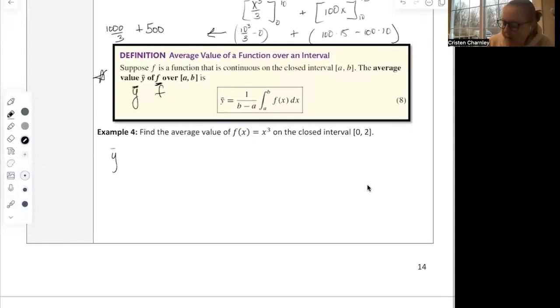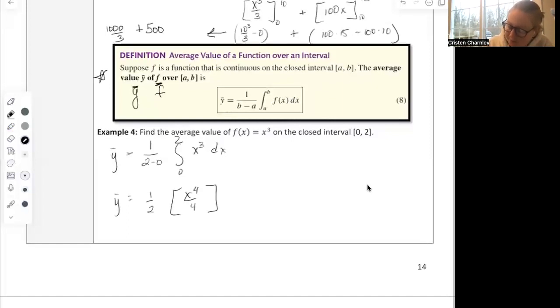So y bar is 1 over 2 minus 0, the integral from 0 to 2 of x cubed dx. So this is 1 over 2, antiderivative is x to the 4th over 4, between 0 and 2. And again, just keep going with your fundamental theorem of calculus. You're a pro at that now.